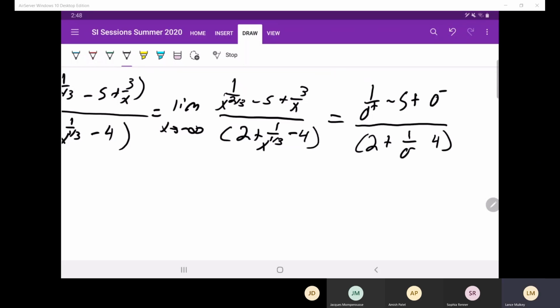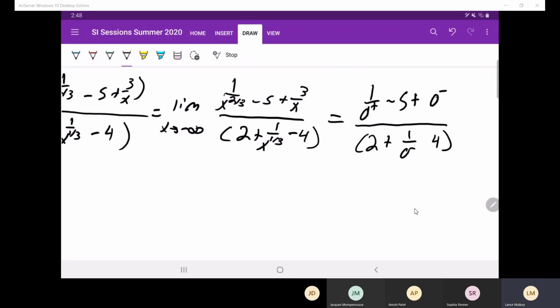All right, so 1 over 0 plus, this first term right here, what does that mean? What does 1 over, yes, positive and negative infinity. Correct.